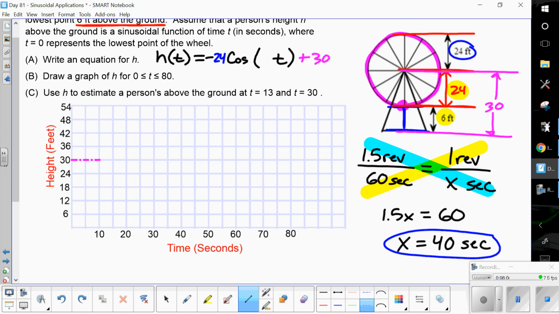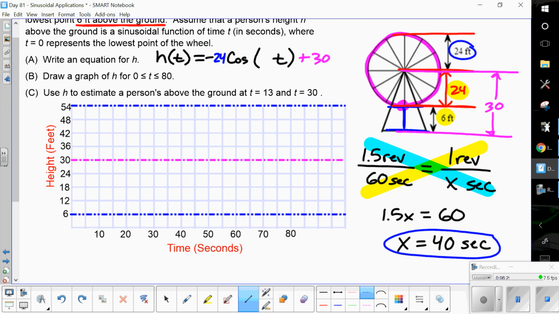So I'll make a dashed line. This is my vertical shift at 30. And then I'm going to do my amplitude, which is 24 here. So here's my amplitude. And that means from that 30 line, I'm going to go up 24 and down 24. And you'll notice, I'll do a dashed blue line on this. It's not actually my graph, but it's going to help me make my graph. I'll go up 24 and I'll go down 24.